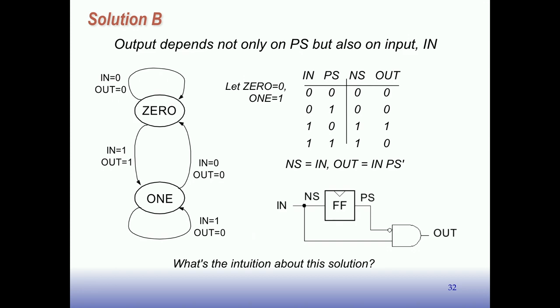It looks like this. If we have a 0 state and a 1 state. If we're in the 0 state, the input is a 0. It says we change the output to a 0 and then go back to the 0 state. If the input is a 1, we change the output to a 1 and go into the 1 state. If the input is a 1 here, we change the output to 0 and stay in this state.